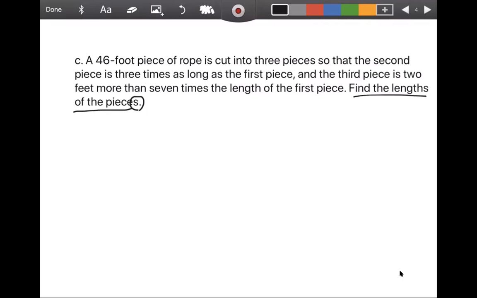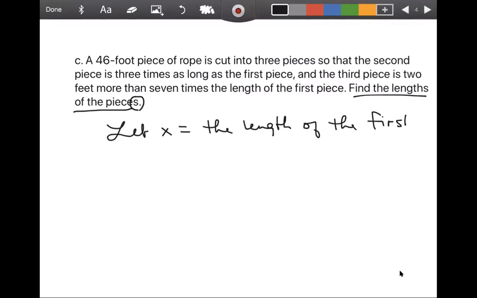And I am going to say that the best thing to do would be to let X stand for the length of the first piece. And I'm going to tell you why I'm going with the first piece. When you read the rest of the problem, it says the second piece is 3 times as long as the first piece.